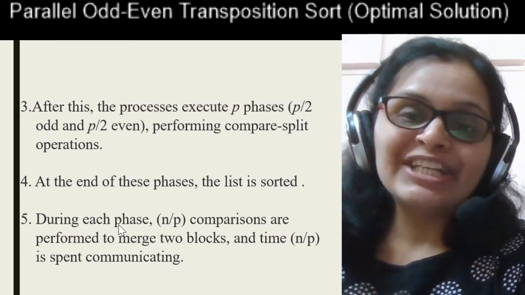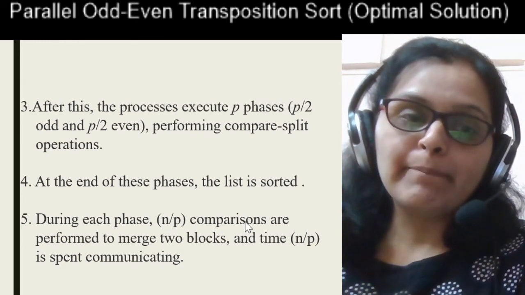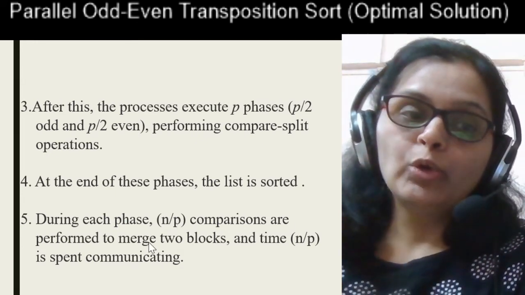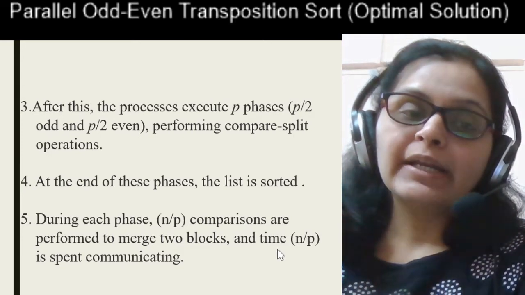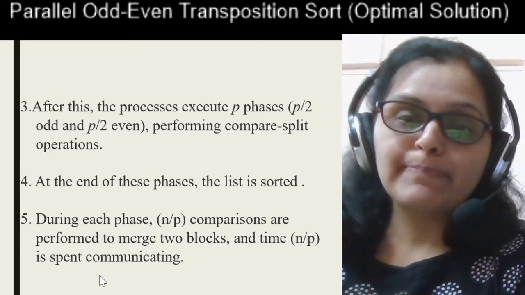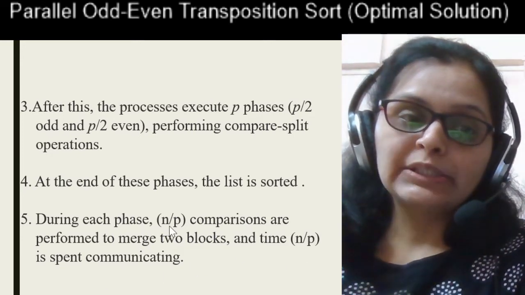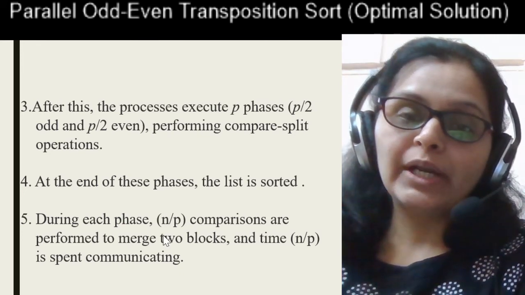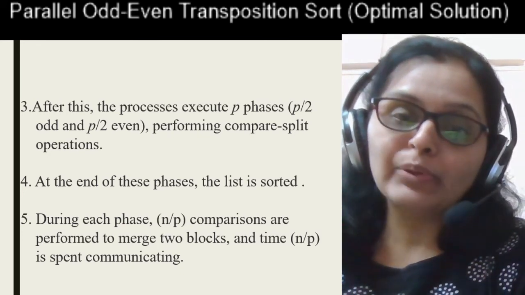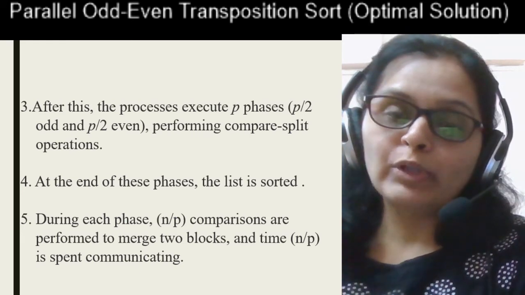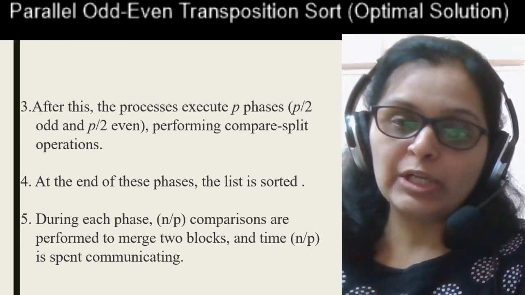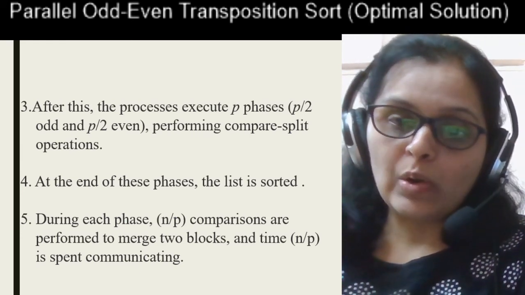During each phase, n by p comparisons are performed to merge the two blocks, and time n by p is spent in communicating. This is very important in calculating the TP, the next component in TP rather. The first component is the local sequential complexity, n by p log n by p.